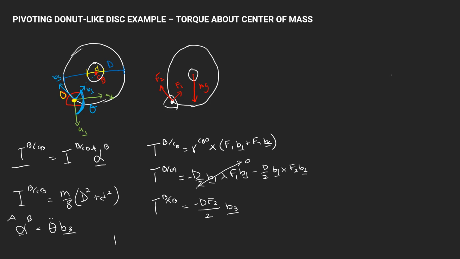Let's plug in all of these terms. Our torque, negative D F2 over 2 B3, is equal to m over 8 times D squared plus little d squared times theta double dot B3.